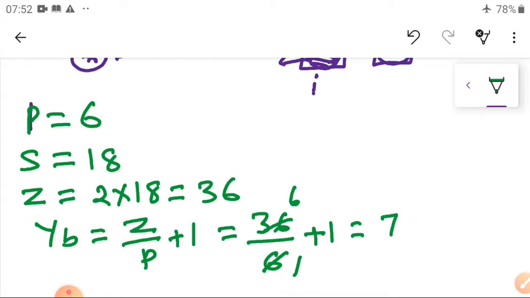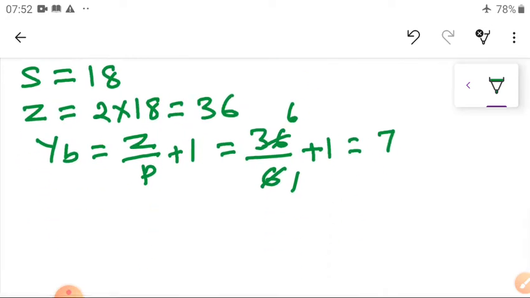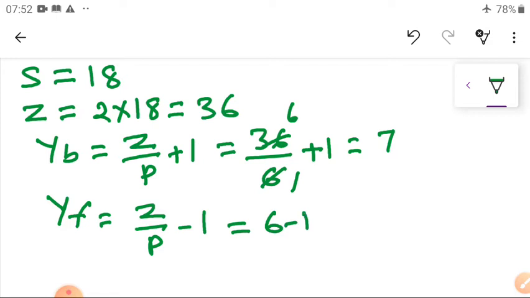As I know, back pitch and front pitch differ by 2 and should be odd. Yes, it is odd. The front pitch is Z by P minus 1, that is 6 minus 1, so we get 5.